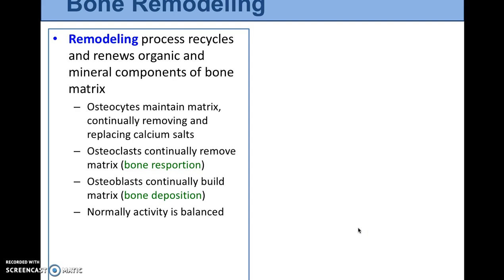It's the process by which the bone is going to reorganize, break down, and rebuild bone matrix. We know that osteocytes are your typical mature adult bone cells, so they're going to be involved in maintaining that matrix balance. Remember, it's dictated by blood calcium levels and by stresses placed on the bone.